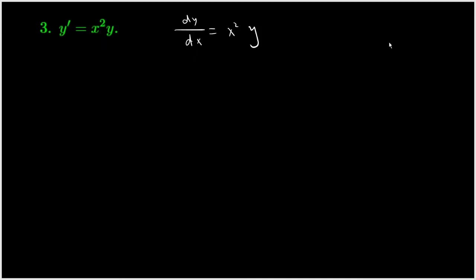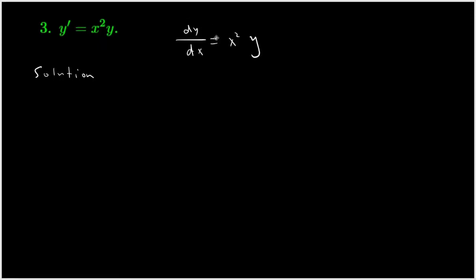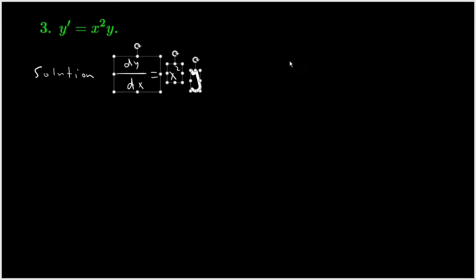So you can multiply two sides of the equation by something. I will include this as part of the solution, just so that you can remember. If you see the prime notation, convert the prime notation to dy dx notation.